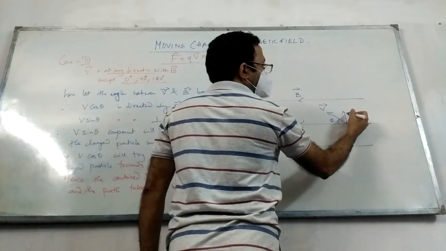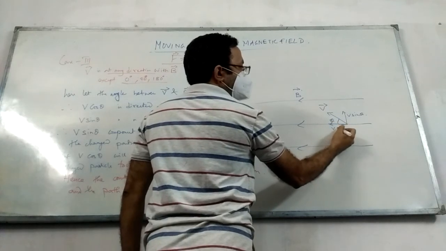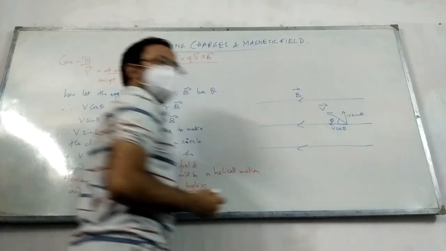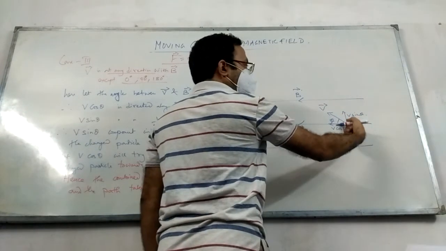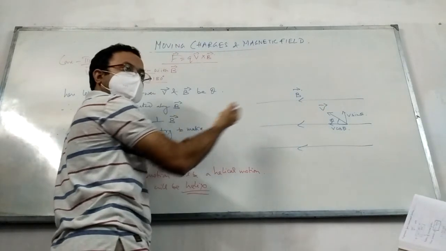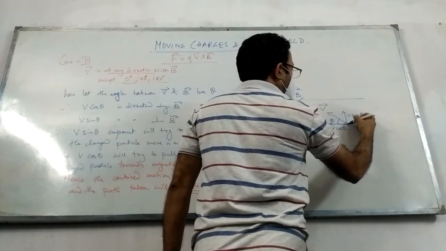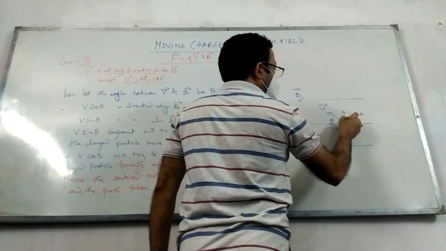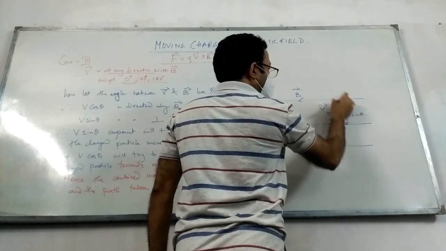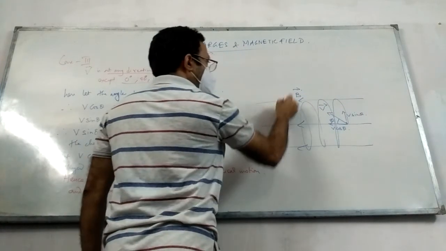If this angle is theta, v sin theta and v cos theta, right? So v sin theta will try to make it move in a circle, but v cos theta will pull it along the direction of the B. So it will try to move in a path like this. Follow?